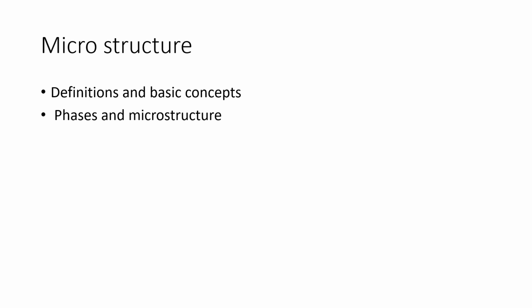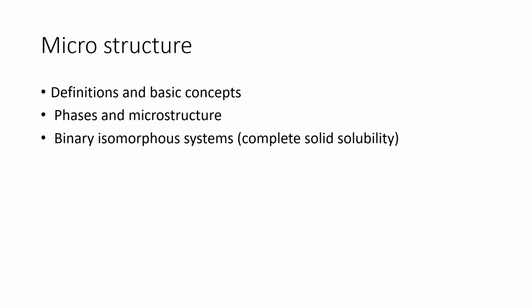Microstructure. In order to define the different phase components at different temperatures for the iron carbide diagram, it is necessary to discuss the microstructure. So we will define some basic concepts with respect to phases and microstructure.